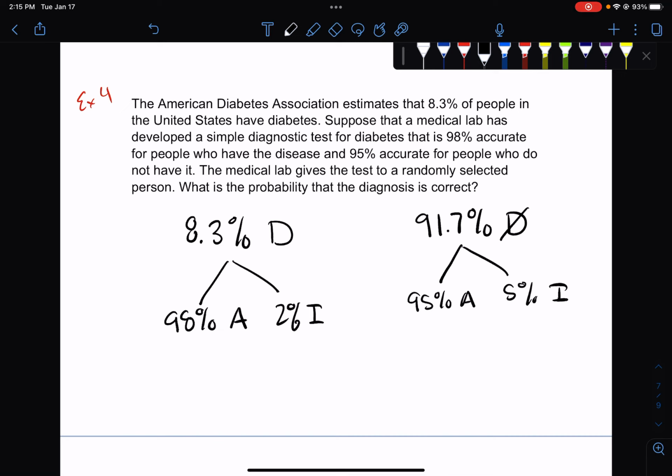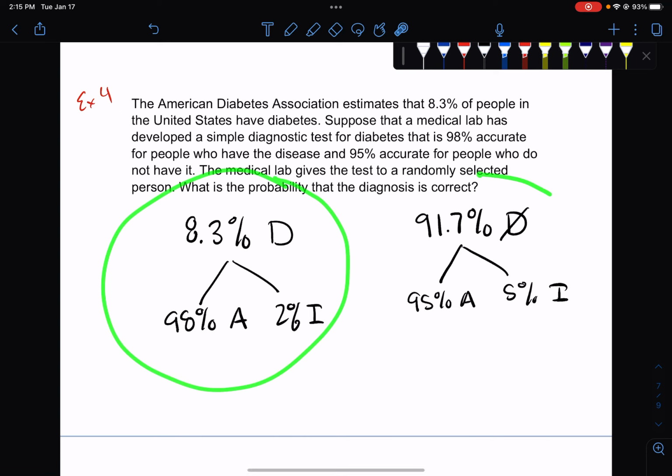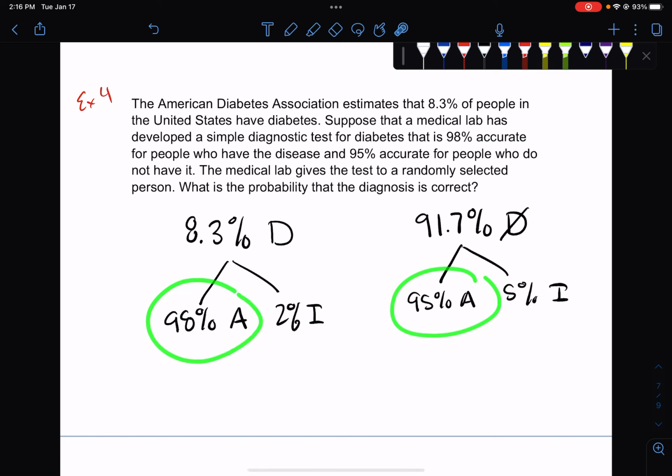So the medical lab gives the test to a random person. What is the probability that the diagnosis is correct, or that the diagnosis is accurate? Okay, so it has split up people into two different groups, right? I've got the people who have diabetes and the people who don't have diabetes. So I'm going to have to find two different probabilities and add them together because I want to take these accurate people and add them to these accurate people.